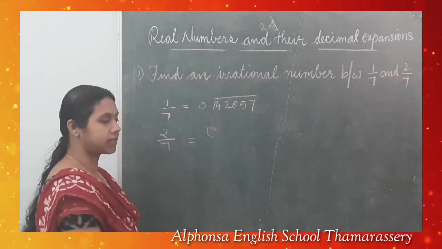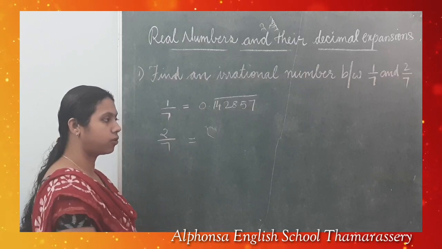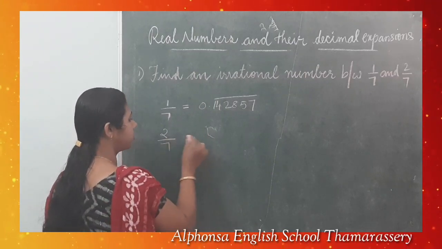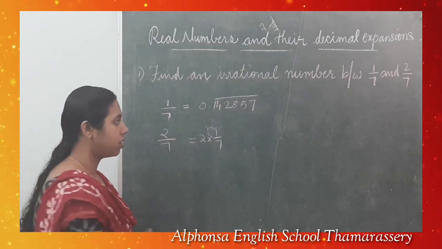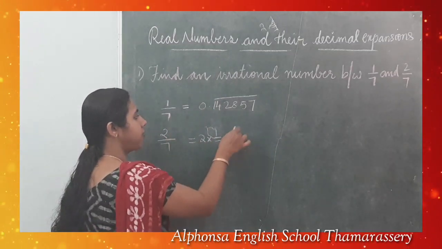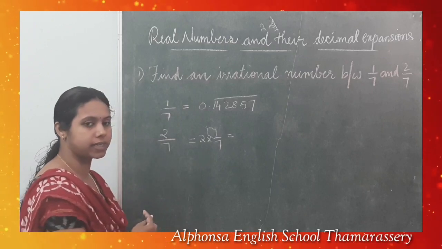Then what about 2 by 7? Very easily we can find 2 by 7, because 2 into 1 by 7 is 2 by 7. We know the value of 1 by 7. Multiply by 2, you will get 2 by 7.